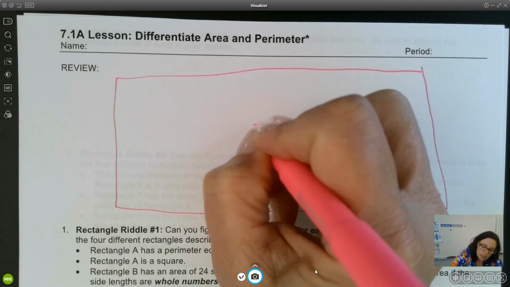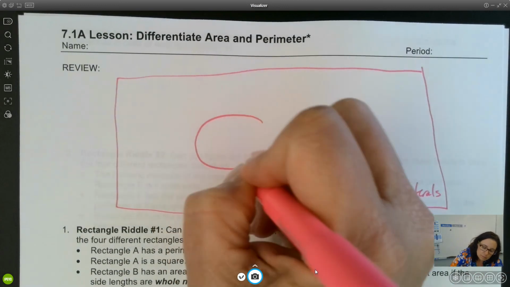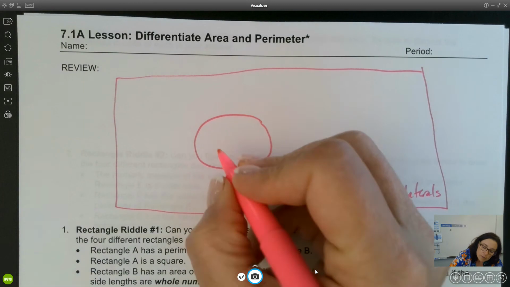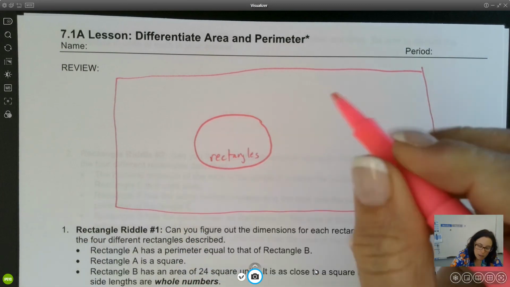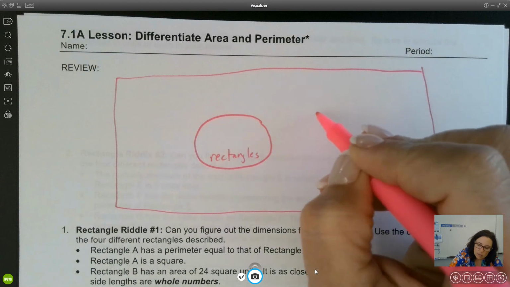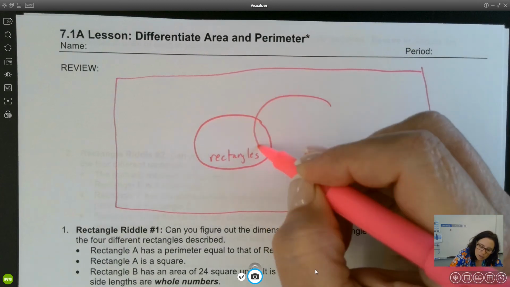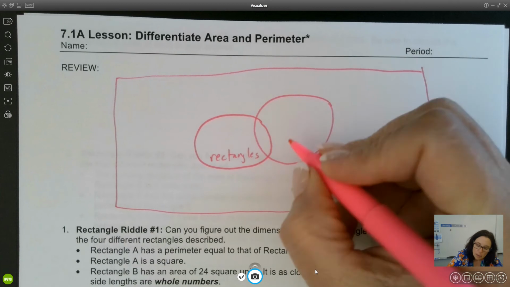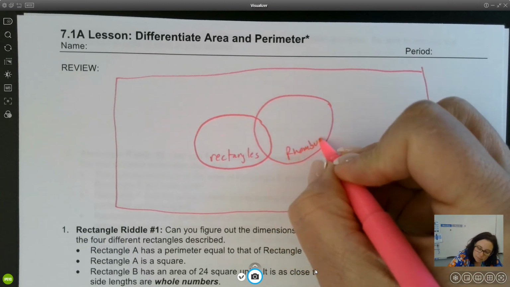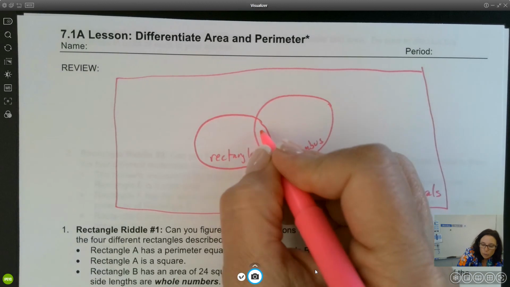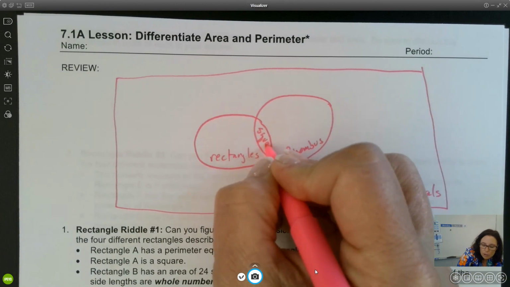Inside here, we've got rectangles. And we've got rhombuses. And inside here, we have squares.